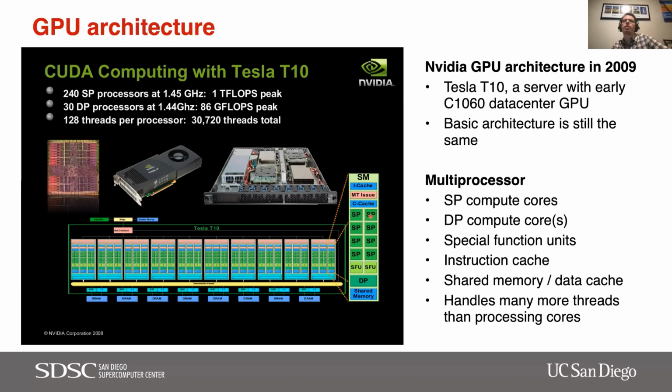And each of those has multiple compute cores, like single precision and double precision compute units, special function units, and so on, and its own cache and shared memory. So the cache on this processor doesn't know anything about the cache in this processor, right? So these are independent. But all these processors in here operate in lockstep.